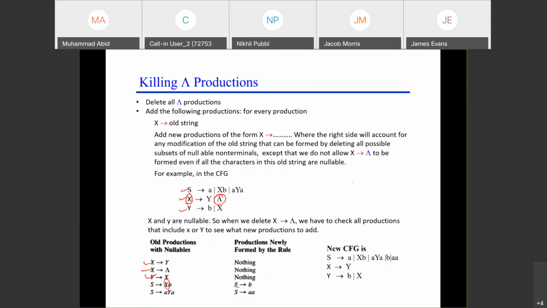So you need to explicitly add this new production rule.